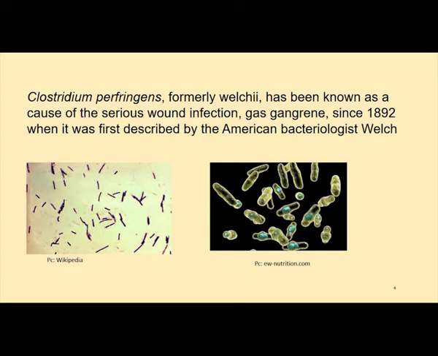Clostridium perfringens is known to be the causative organism of a serious wound infection, which was called gas gangrene in 1892, when it was first described by the American bacteriologist Welch. So initially, it was a surface organism. The foodborne relationship of this organism, and that it can cause foodborne illnesses, was not earlier known.